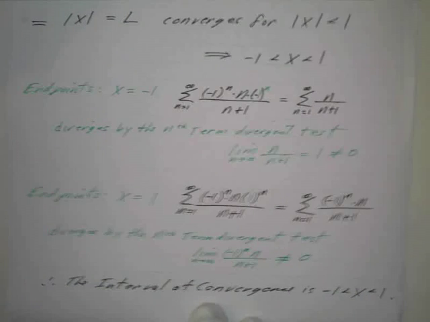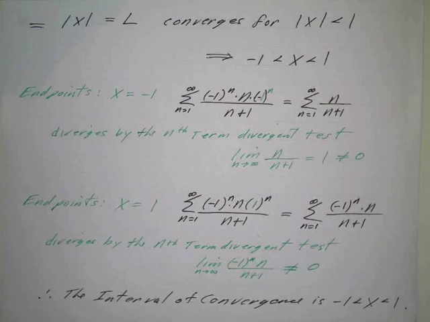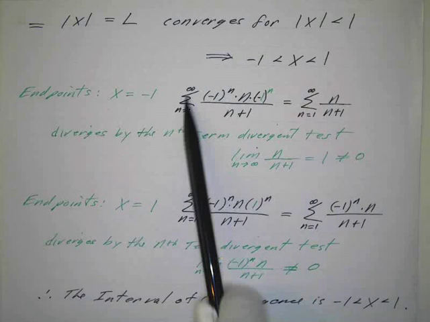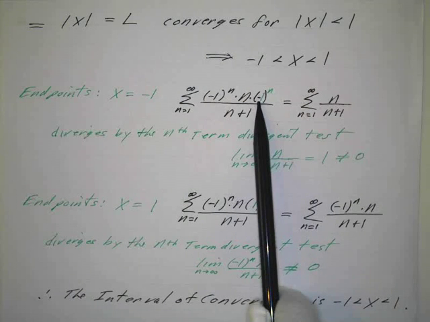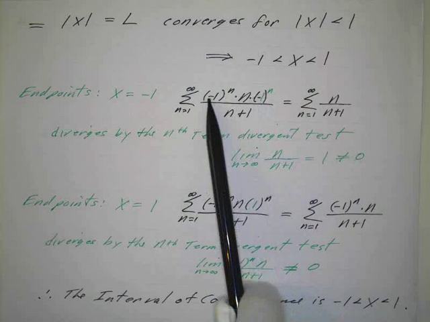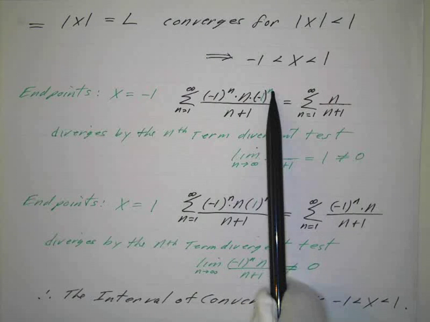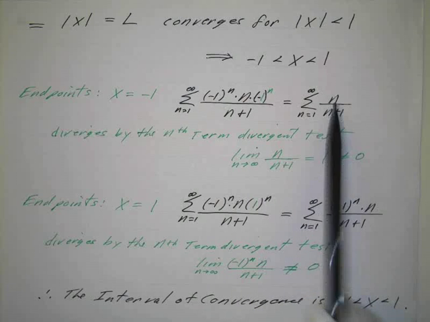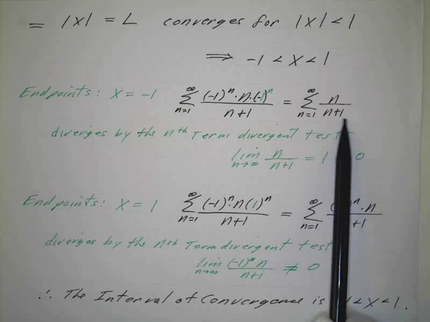So let's check our endpoints, and we've done this many times. So at x equals negative 1, I just took my series as I wrote above, and I put a negative 1 there. But I can combine these. This is negative 1 times negative 1 to the n, which is just 1 to the n, which is 1. So that just ends up being 1 over n plus 1.